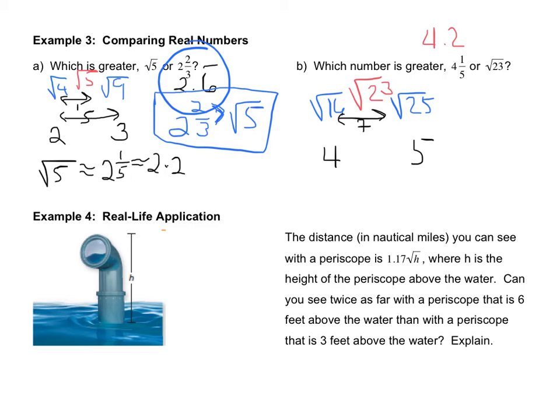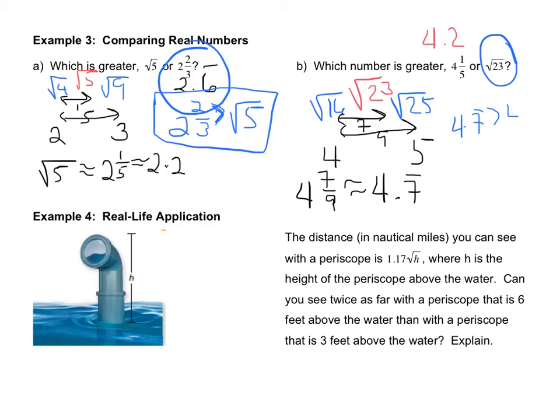This is actually 7, and overall difference is 9. And if I do 4 and 7/9, when I do my ninths, 7/9 is the same thing as 0.7 repeating, which is definitely larger than 4 1/5. So 4.7 repeating is greater than 4 1/5.